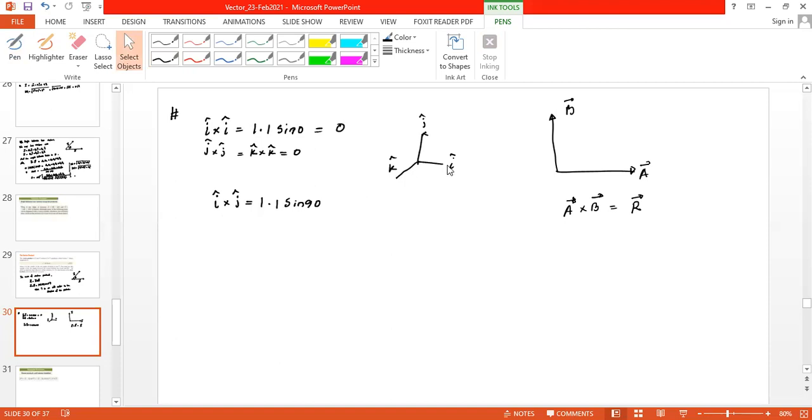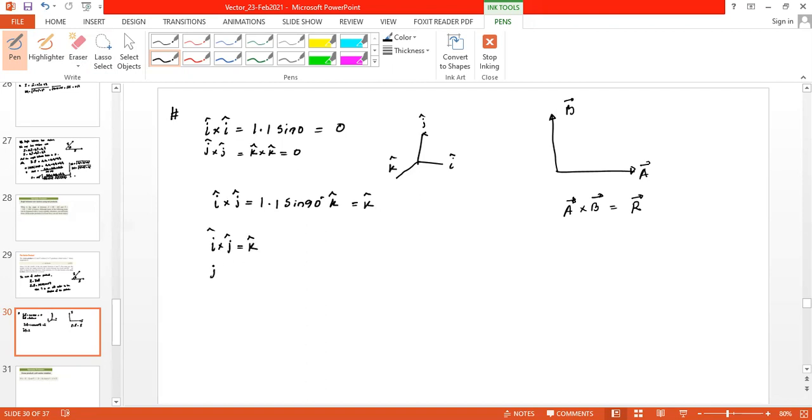A unit vector that is perpendicular to I and j is k. So 1 times 1 and sine 90 equal to 1 again. So that is 1 times k, which equals k. So I cross j will give you k.